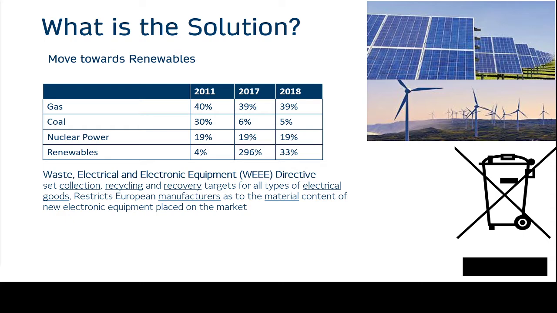You've got the Waste, Electrical and Electronic Equipment Directive. So this is an EU directive which sets collection, recycling and recovery targets for all types of electrical goods, and it restricts European manufacturers as to the material content of new electronic equipment placed on the market. It also sets out different categories of electrical equipment, and it creates responsibilities on the manufacturers to have plans or processes in place to recycle that equipment after its use.